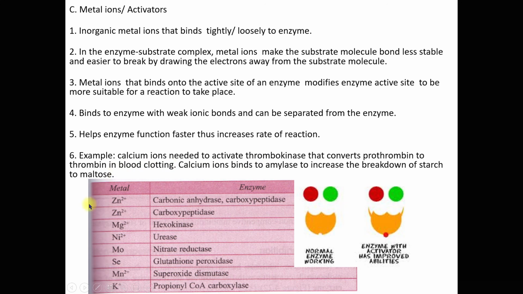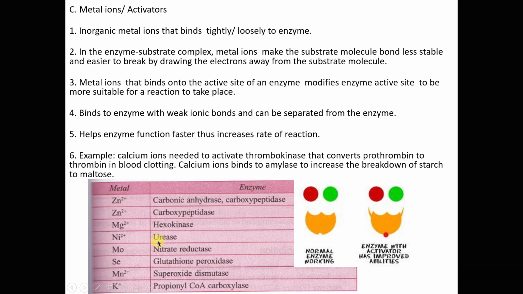Now, other metal ions that are able to bind to the enzyme to increase the enzyme's productivity are in this list. So we have zinc, magnesium, nickel, molybdenum, and then Fe, and selenium, then we have manganese, and then we have potassium.